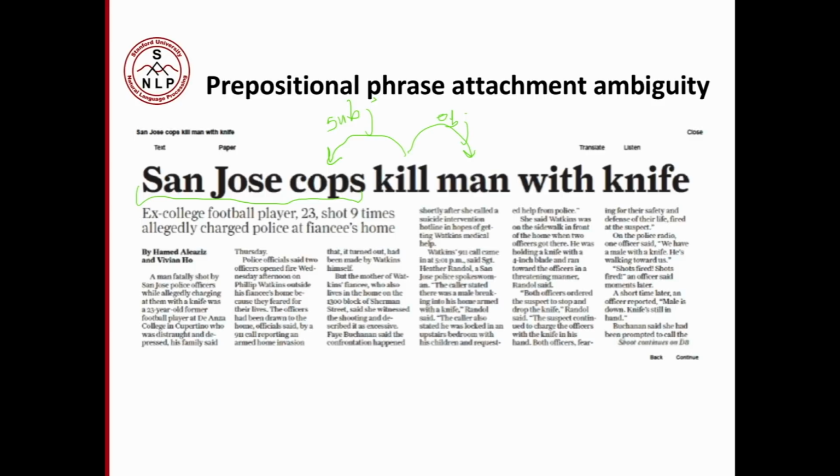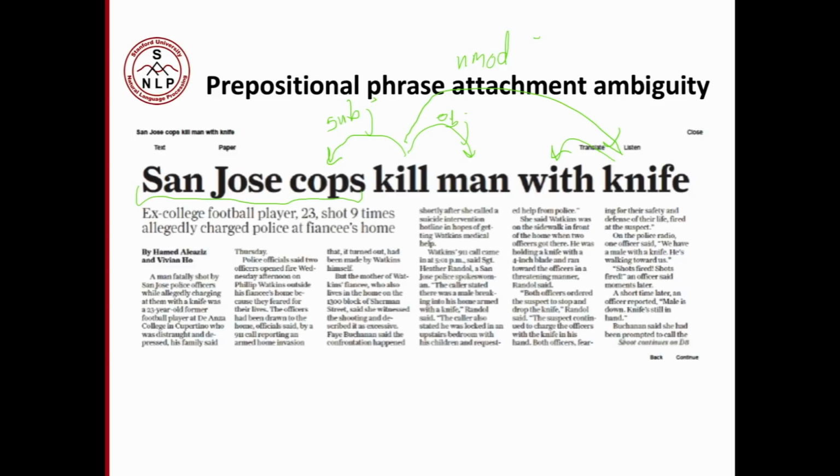Then the cops use a knife to kill the person, so this is a modifier, and if we're being complex, we call it an instrumental modifier, to say that the cops are killing people with a knife. That's one possible analysis.